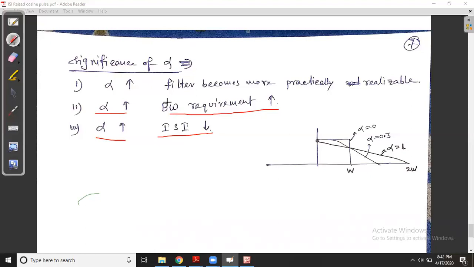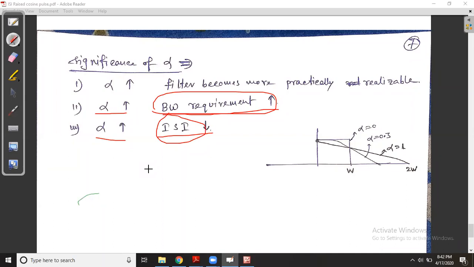That means required bandwidth is increasing, which is not the desired thing, but ISI will reduce, which is the desired thing. So what we have to do? We have to use some adjustment, some trade-off between ISI and the requirement of bandwidth, so that we can maintain both things.